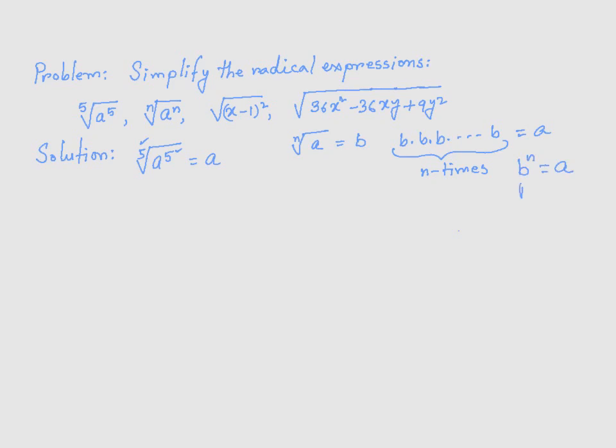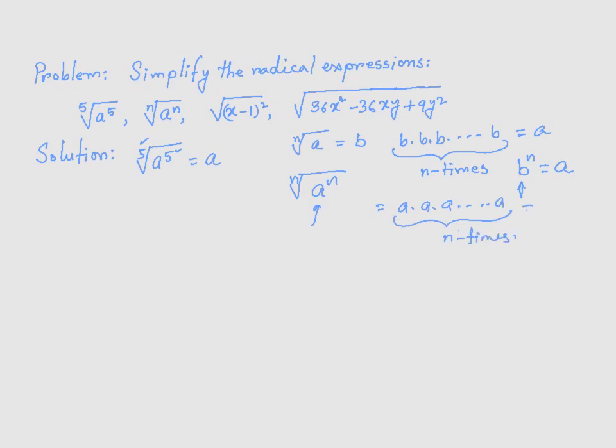Now, if this b happens to be a, then things are different. So let's go ahead and give you an example. If I have the nth root of a to the power n, so in our case, a is being raised to the power n. Now, this is the same as saying you're multiplying a n times.